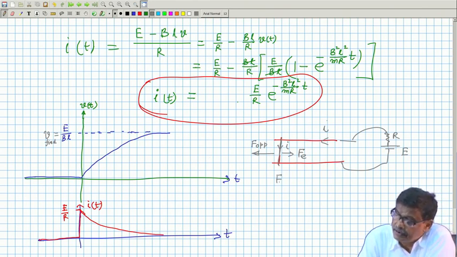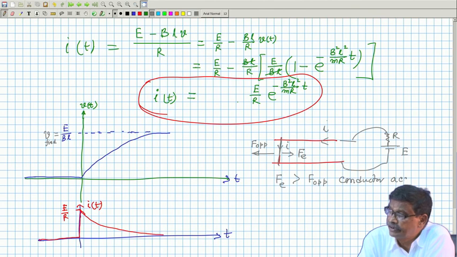Whenever Fe is greater than F opposition, the conductor will accelerate. If at any time Fe is less than F opposition, the opposite force, the conductor must decelerate.